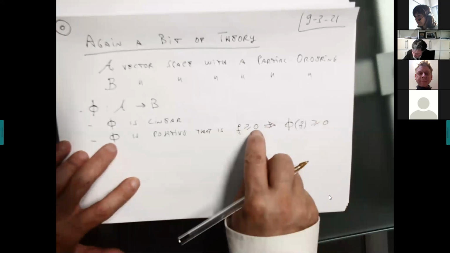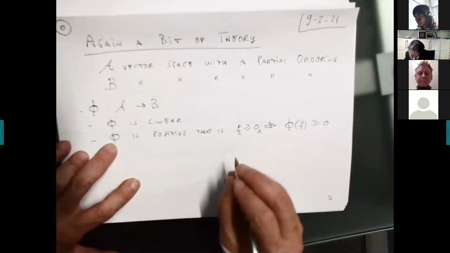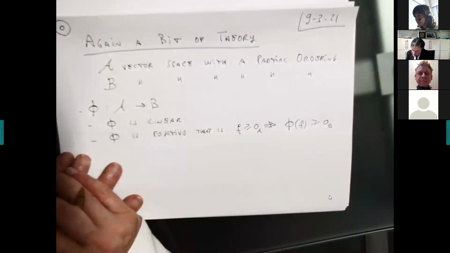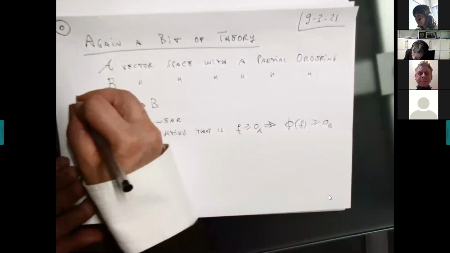Of course, this is the 0 of the vector space A, and this is the 0 of the vector space B. Okay? So this is a definition.